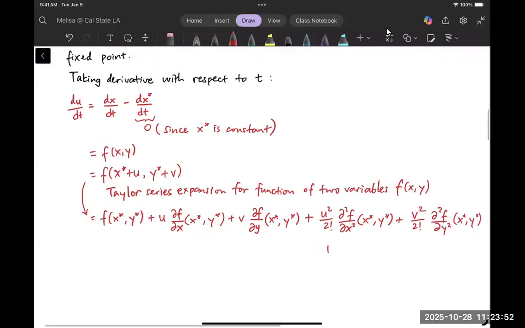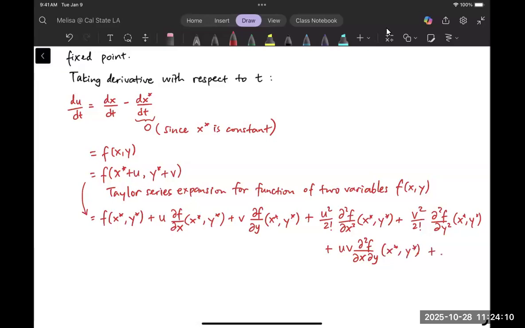And we also have the mixed partial, right? So you get u v times the mixed partial derivative with respect to x and y. Again, evaluate at the center.